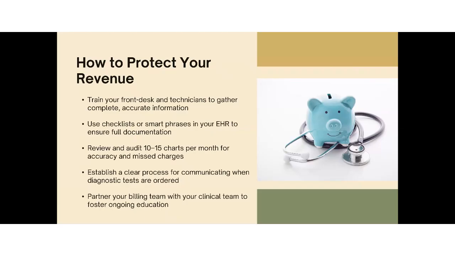So how can you protect your revenue? How do we make that happen? First, train your front desk and technicians to gather complete, accurate information. Administrators need to oversee this and enforce it. In my practice, we conducted monthly chart audits. We would choose 10 surgery charts and 15 office visit charts at random that had visits that month.